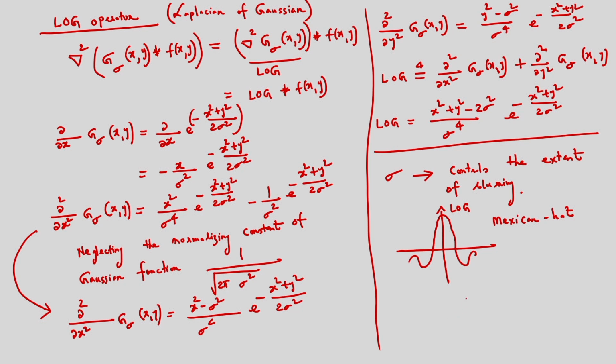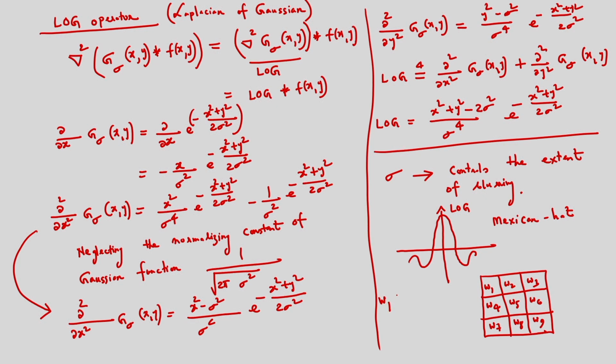Corresponding to this LoG operator, I can consider a mask. So what will be the mask corresponding to the LoG operator? Corresponding to the LoG operator, W1, W2, these are the weights of the mask. So these weights I can determine. Suppose how to determine W1?